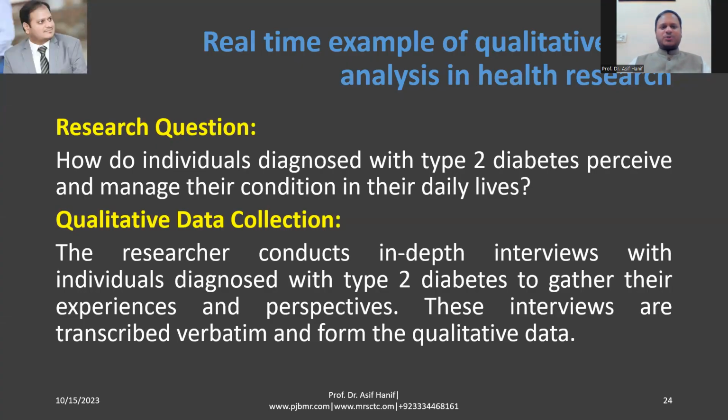For example, your research question is to know about someone's perception when they were diagnosed with type 2 diabetes mellitus. The research question is, how do individuals diagnosed with type 2 diabetes perceive and manage their condition in their daily lives? When they are diagnosed, how do they manage?